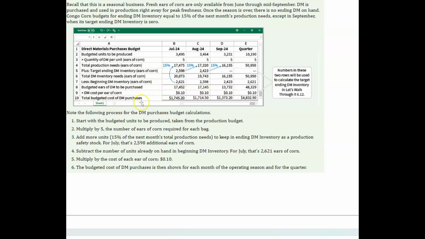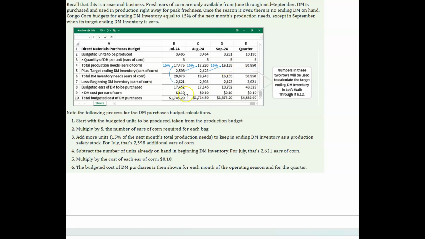So total budgeted cost of direct material then is this $17.45, etc. This piece is going to be in dollars, and this is what goes into the budget. Remember that piece? That's what goes into the budget. And remember also for the quarter, our beginning inventory for the quarter goes back to July, and our ending inventory for the quarter goes to September, and it's 0.